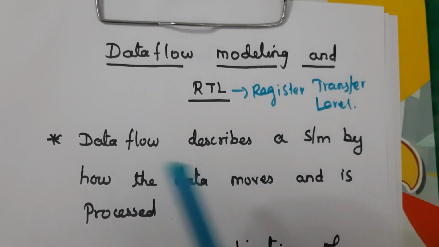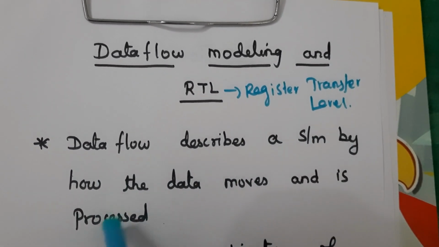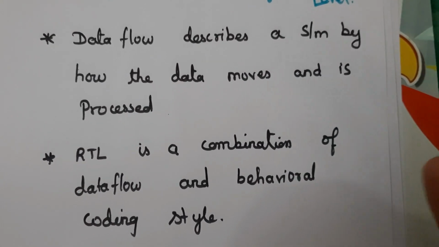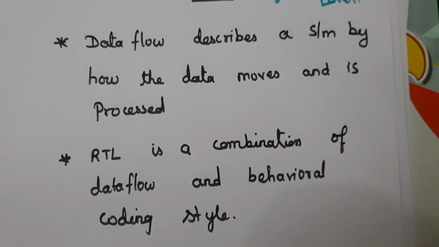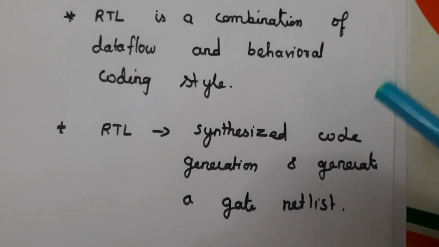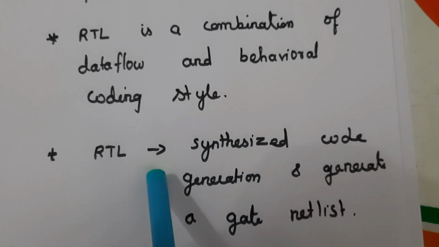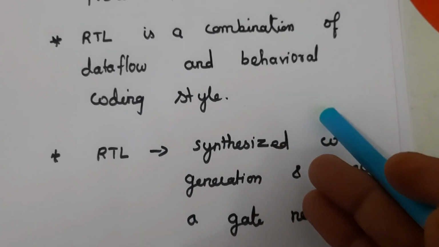Data flow modeling describes the system by how the data moves and is processed. And this RTL is a combination of data flow and behavioral coding style. It converts the code into its register level. The scope of this RTL is that we can synthesize the written code, because not all code keywords can be synthesized in the next level.